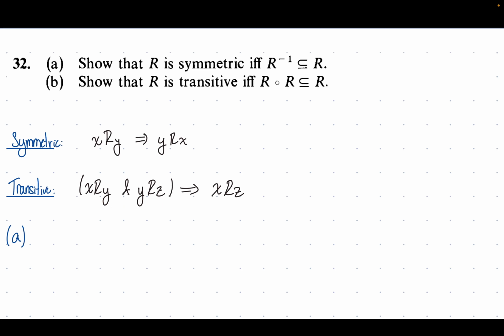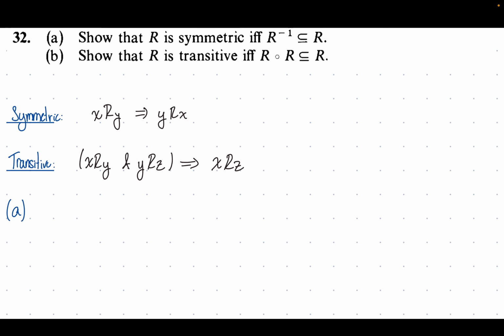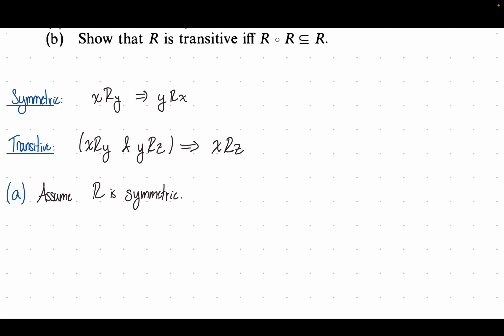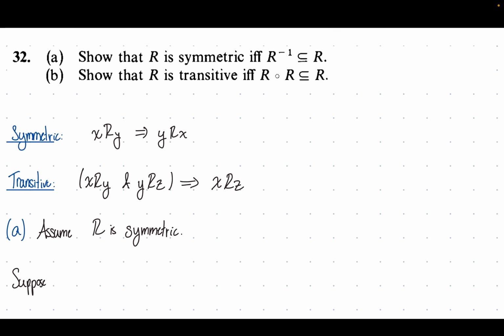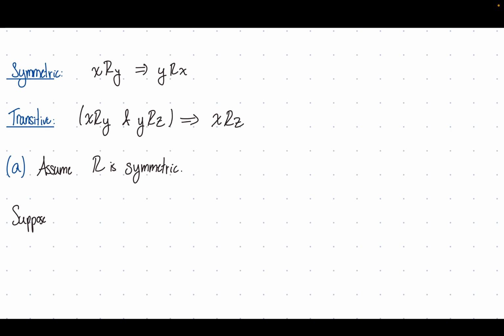Okay, so let's go ahead and show these. For our part A, we're going to assume that R is symmetric. That is, this holds. And now, since we're trying to show that R inverse is a subset of R, let's suppose that Y R inverse X is true, or, if you will, that Y comma X is an element of R inverse.